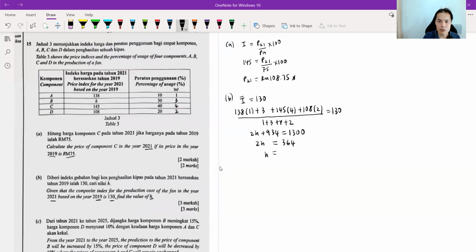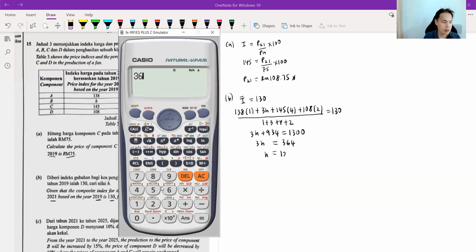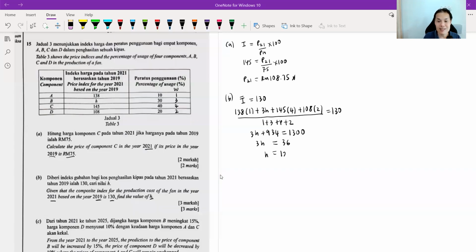This is 3H, sorry. 3H, 3H, 3H, you divide by 3, you get 36. Okay, I made a mistake here. This is 934, I wrote 936 just now. It's 366. Divide by 2, divide by 3, 122. Okay, now the next thing is this.